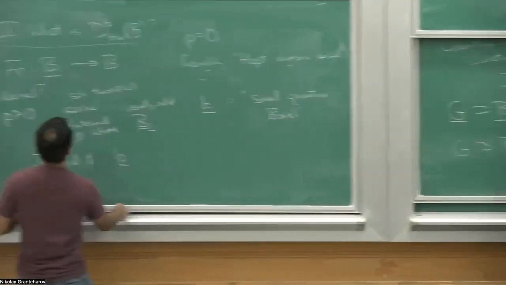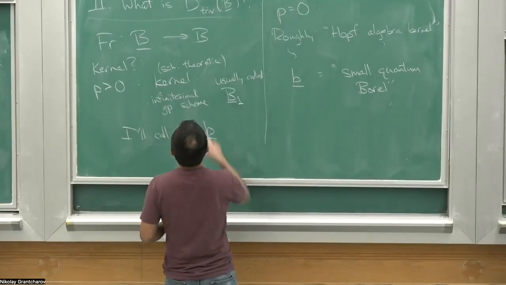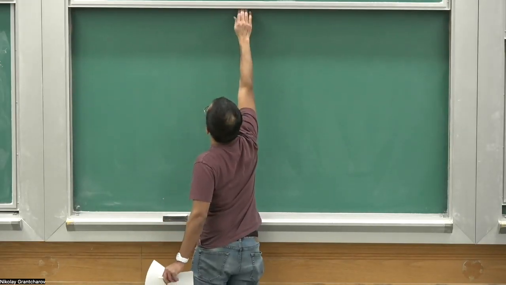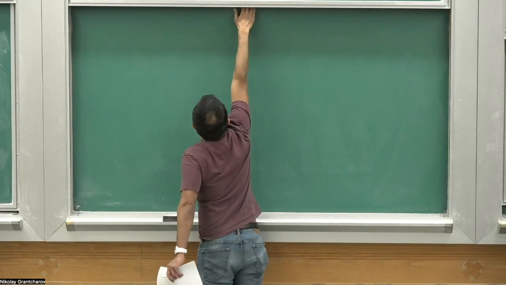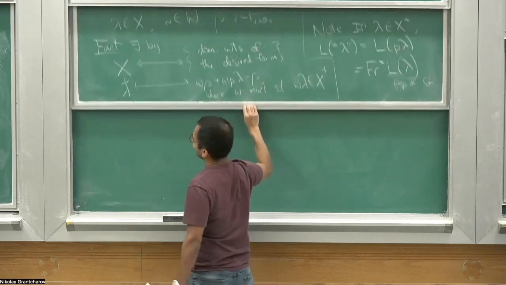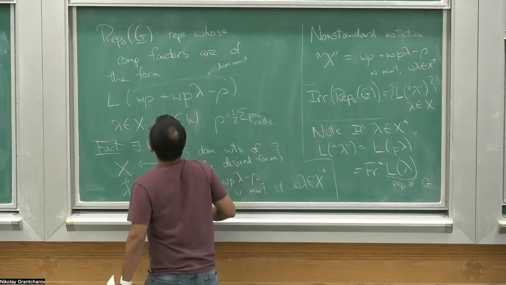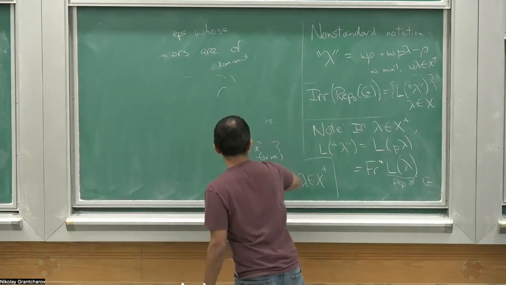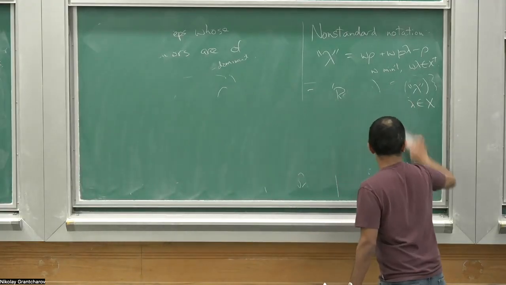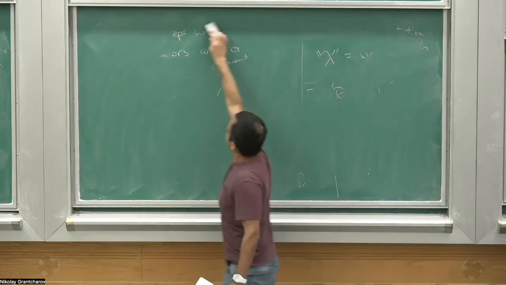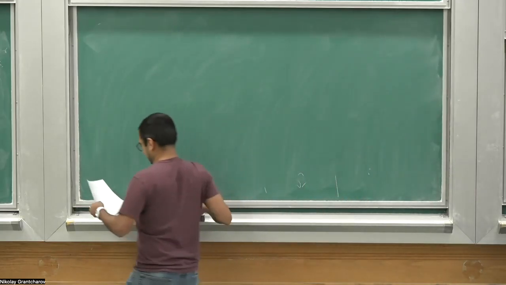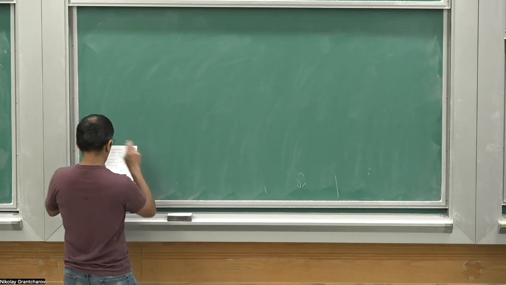Okay. So I haven't told you what D trig B is yet. So here's the definition.